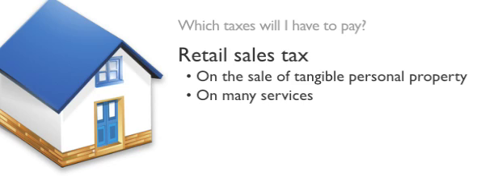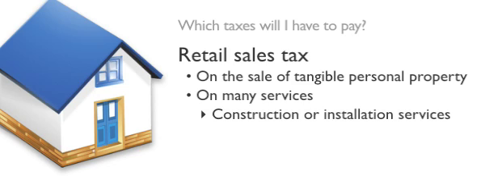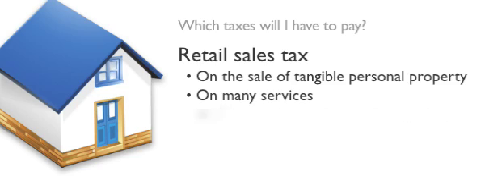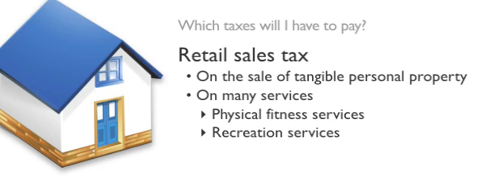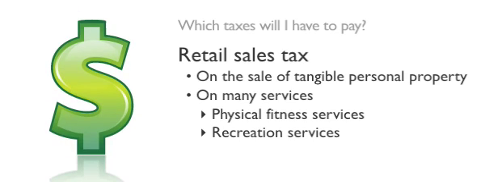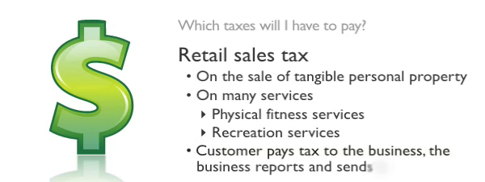A few examples include construction or installation services, repair services, landscape maintenance and lawn services, physical fitness services, and recreation services. These are only a few examples and not a complete list. Here's how retail sales tax works. The customer pays the tax to the business, and the business reports it and sends it to the state when they file their regular business tax return with the Department of Revenue.